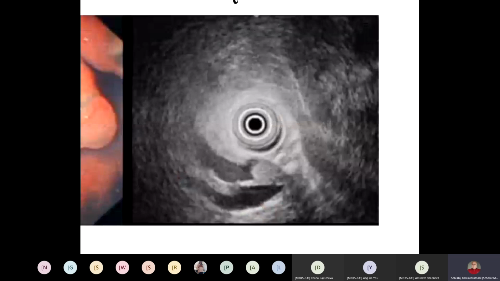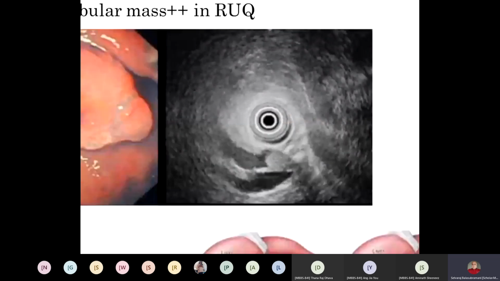The best investigation for staging any tumor is this endoscopic ultrasound, because you can make out even a very early stage, whether it is involving only the mucosa, lamina propria, or muscularis propria, or transmural up to the serosa. Everything precisely you can stage only by this instrument. So this is the best instrument for staging any GI tumors.